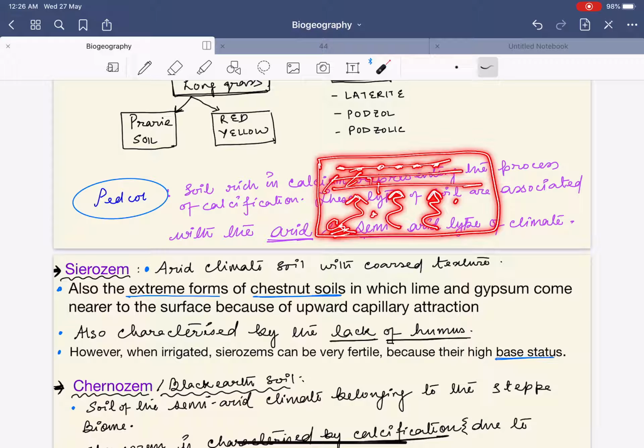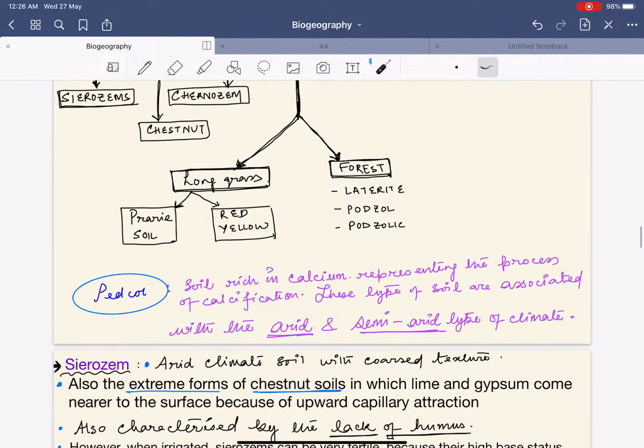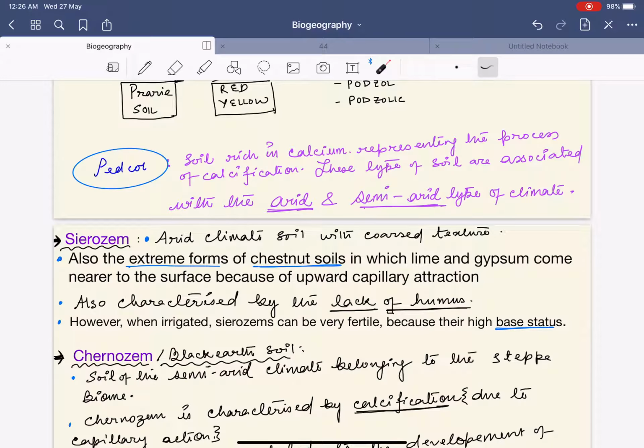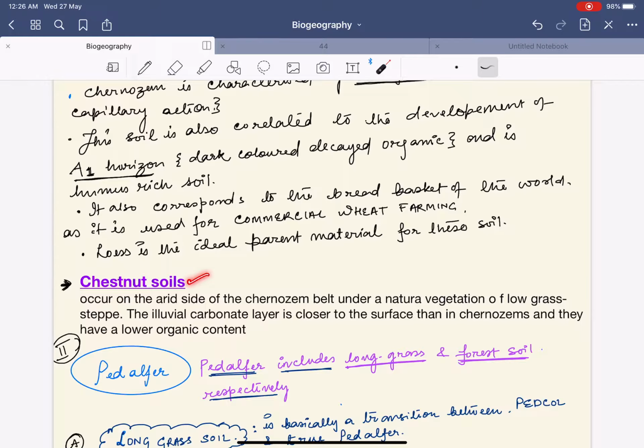Hence the soil becomes rich in calcium. And remember one thing, calcium is a macronutrient that is highly essential for plant growth. Hence within this pedocal category we have the xerozem, chernozem, and last but not least your chestnut soil.